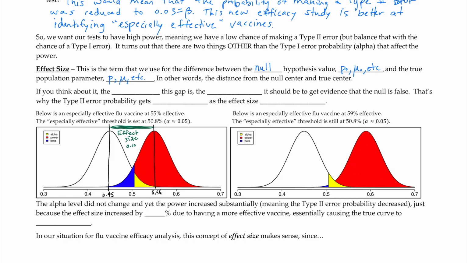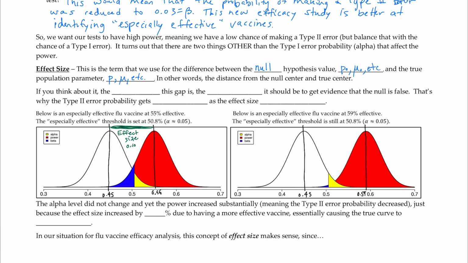Over on the other example, on the right, still with a null hypothesis center at 45, this go around the true alternative, or the true center, is at 59%.